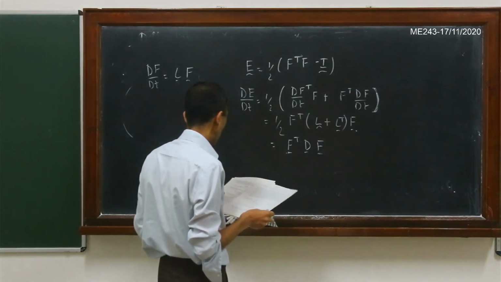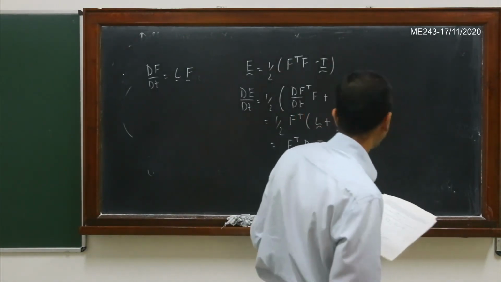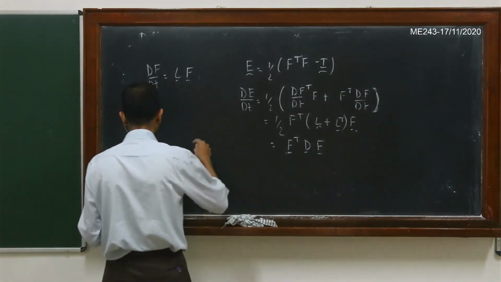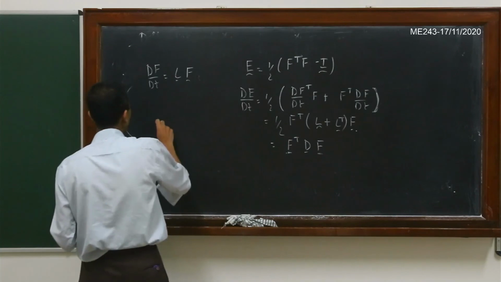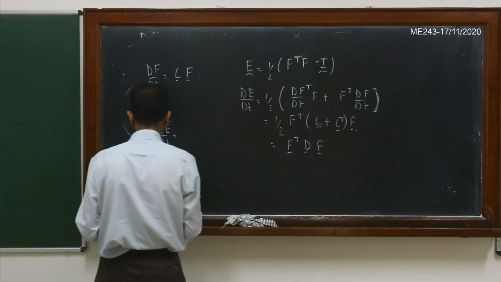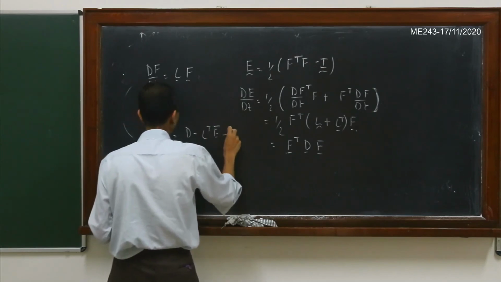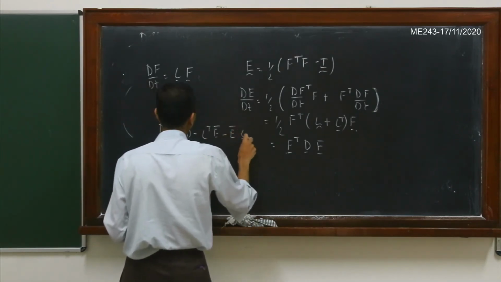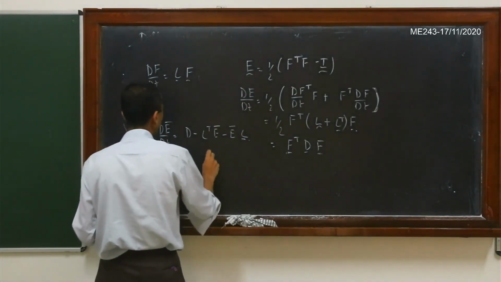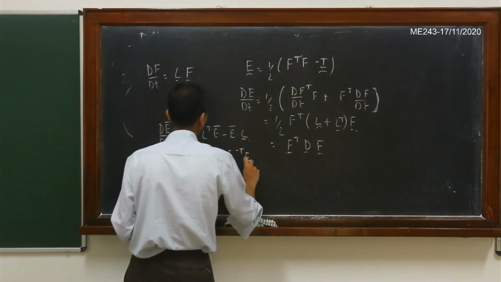Similarly, you can also show that it is not equal to the rate of the Eulerian strain measure, which is the Almansi strain measure also. So you can show that d E bar by dt is equal to D minus L transpose E bar minus E bar times L. Okay, so this you can show by using this particular relation: E bar is F inverse transpose times E times F inverse.